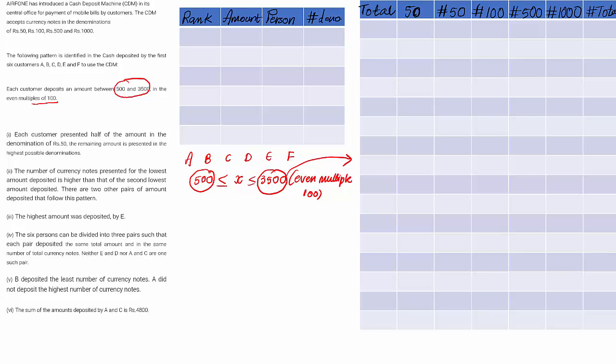So let's make it. The first even multiple of 100 would be 600, starting from 500. Next one, 800. I'm filling the entire table with the even multiples of 100 from 500 to 3500.